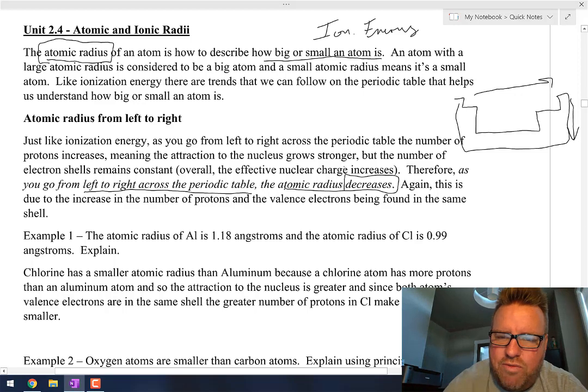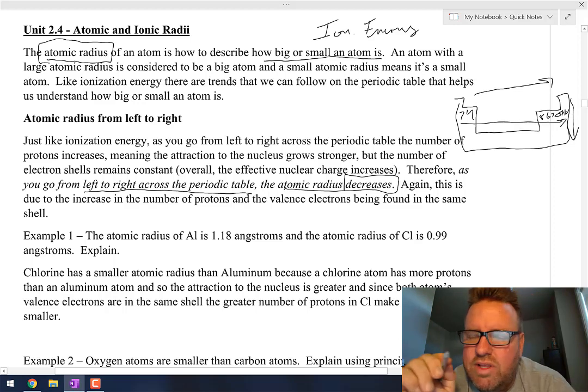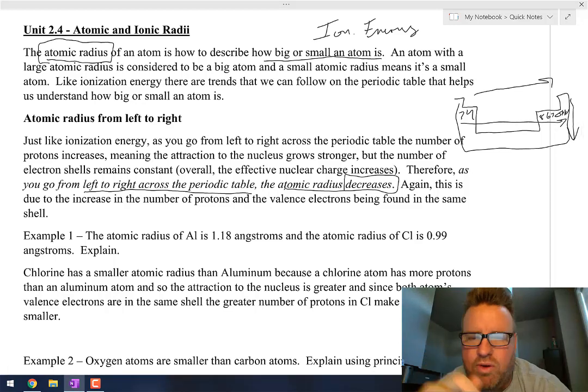That's a real tough one for students to understand because you're going from number 3 to number 4 to number 5 to number 6, 7, 8, 9, 10. As you go across the periodic table, what happens to the atomic numbers? They get bigger. There's 3 protons, then 4 protons, then 5 protons, all the way up to 10.